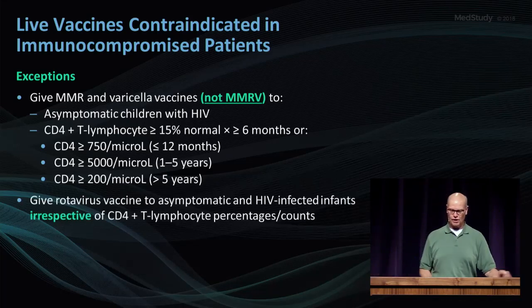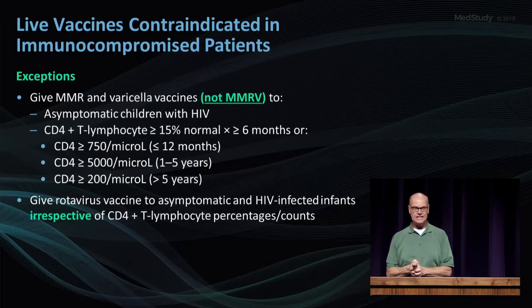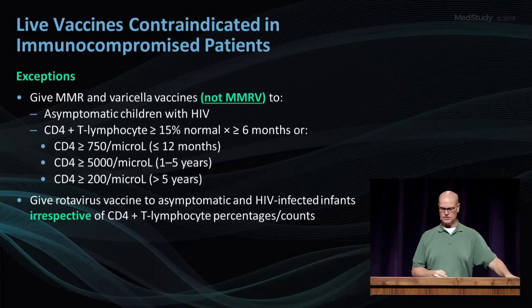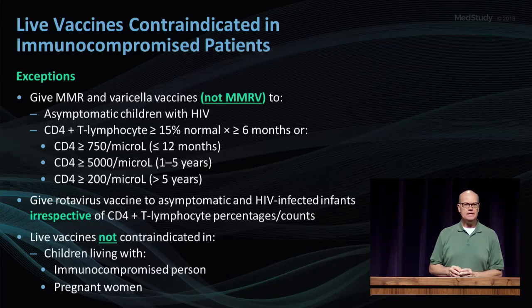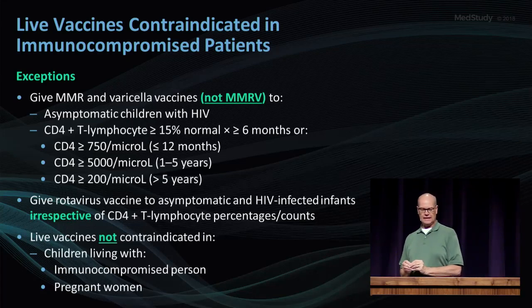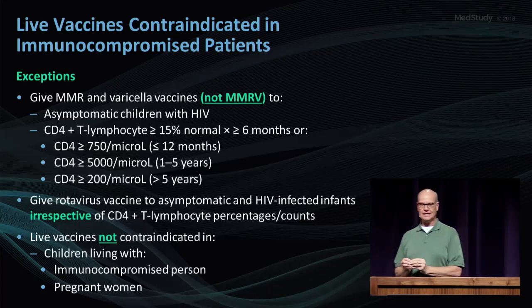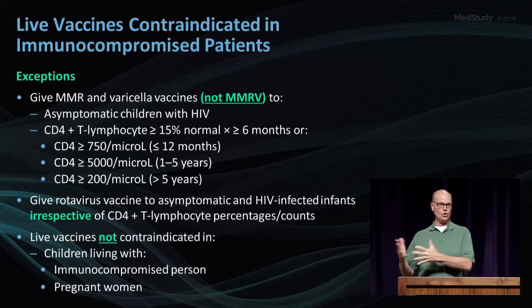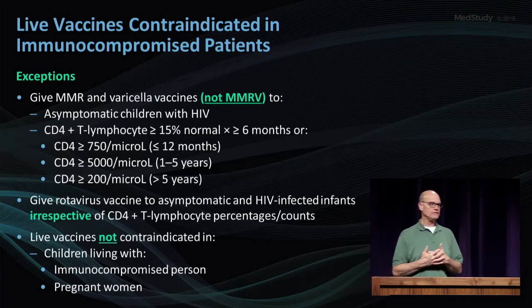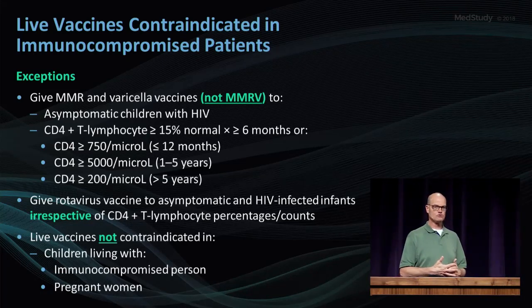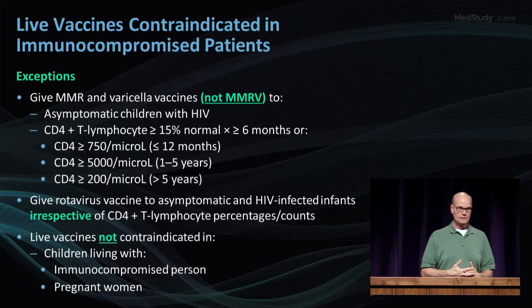Okay, now give rotavirus vaccine to asymptomatic and HIV-infected infants, irrespective of the CD4 counts. And be sure to remember that live vaccines are not contraindicated if an older sibling, say, is immunocompromised, undergoing treatment for ALL, and if an individual within the household is pregnant. Okay?